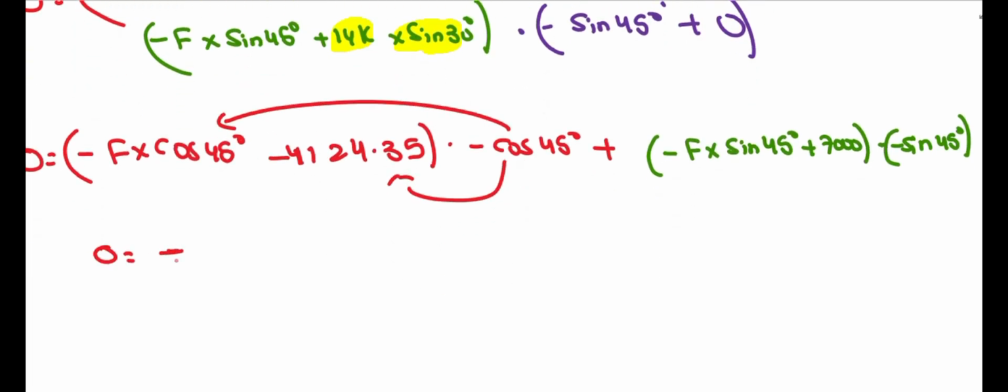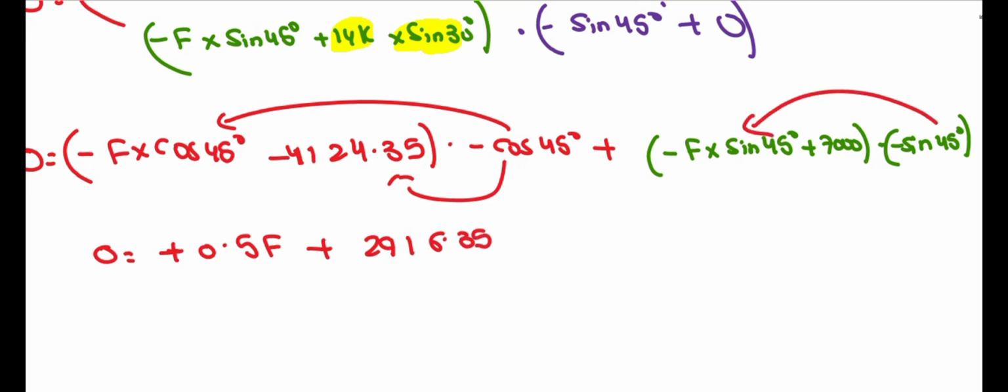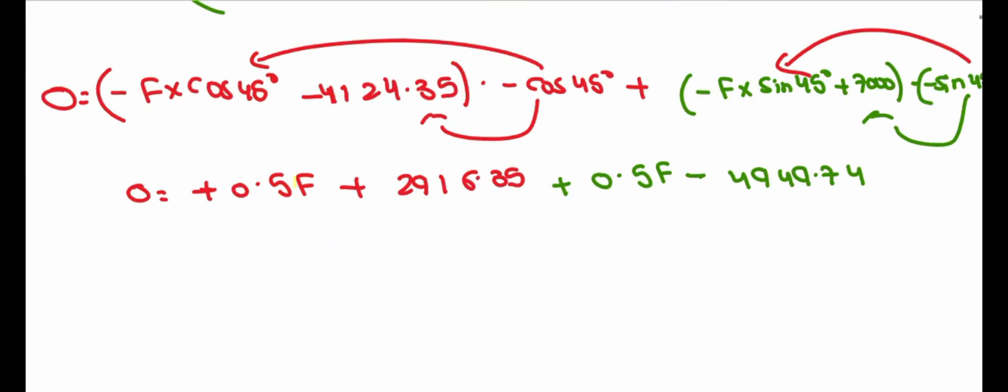So multiply negative cos 45° to the individual terms present here, so that it will become 0, which is equal to positive 0.5F with positive 2916.35. Similarly, multiply sin 45° to the individual terms present here, so that it will become positive 0.5F with negative 4949.74. So add 0.5F with 0.5F, so that you will get 1.